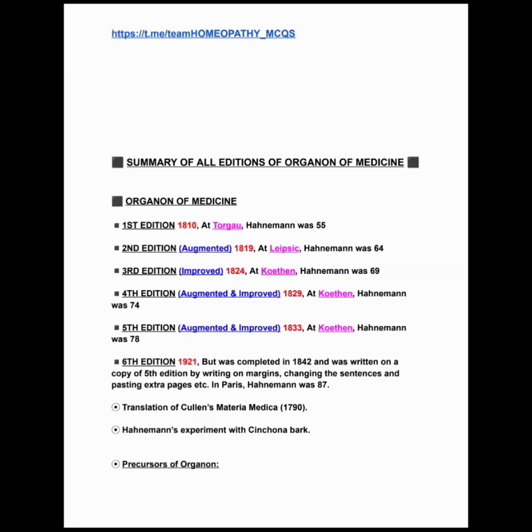Hahnemann was 74 years old at that time. Fifth edition, known as Augmented and Improved Edition, published in 1833. It published at Cothen, and Hahnemann was 78 years old at that time. So these were the all five editions.